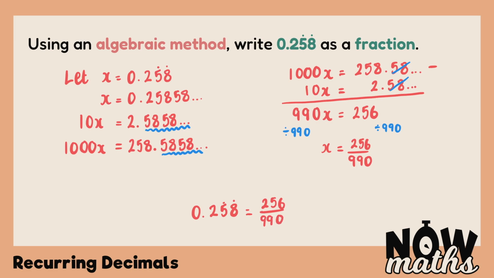Now this fraction does actually simplify and we could choose to write this as 128 over 495 if we were to divide numerator and denominator by 2. However, since the question doesn't ask us to simplify, either answer is perfectly acceptable.